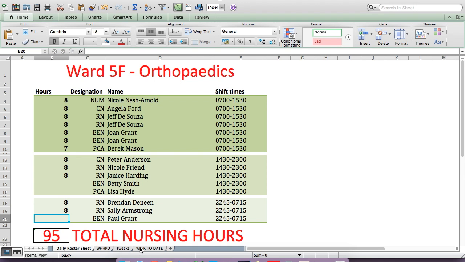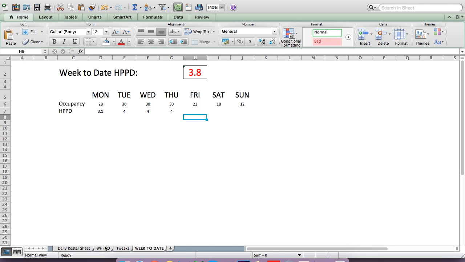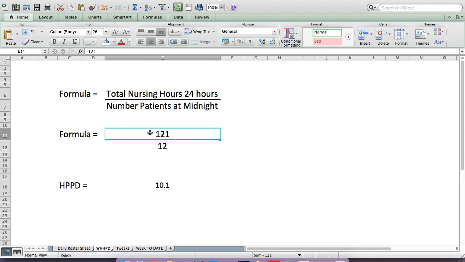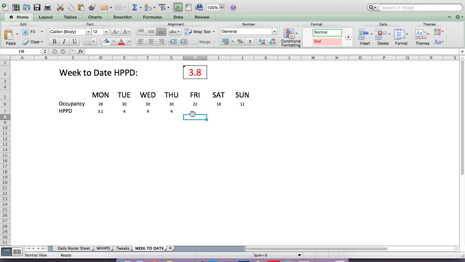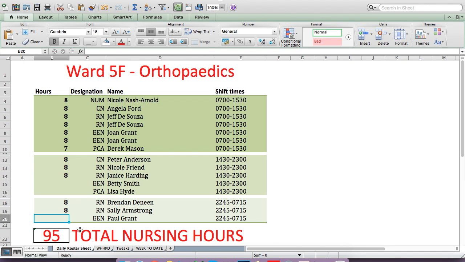So what we're looking at is we're thinking we're going to have 22 patients. We've got 95 hours, that's the minimum you could do, 22. Okay, your target is 4.2. You got 4.3. It's not terrible, but there are some days that you can do what you can do. You can't control that.